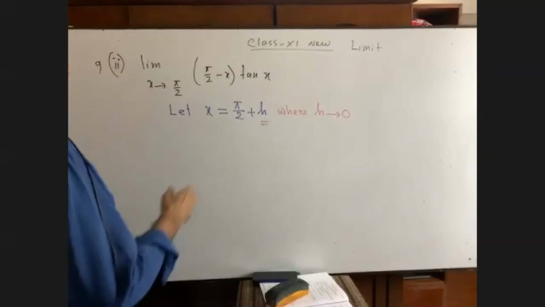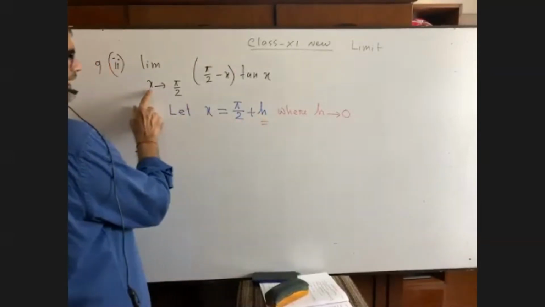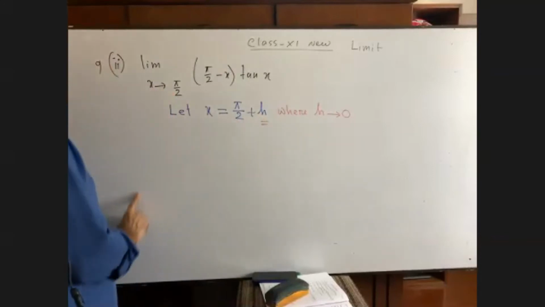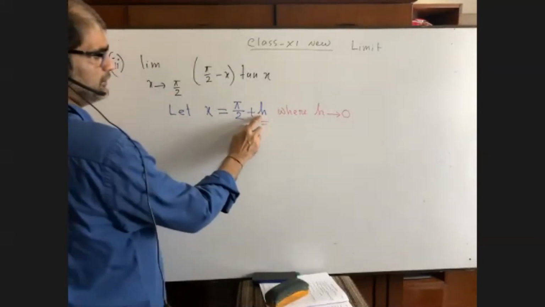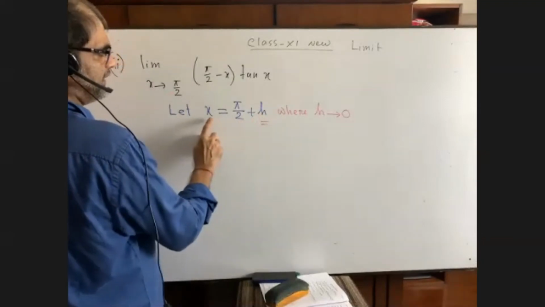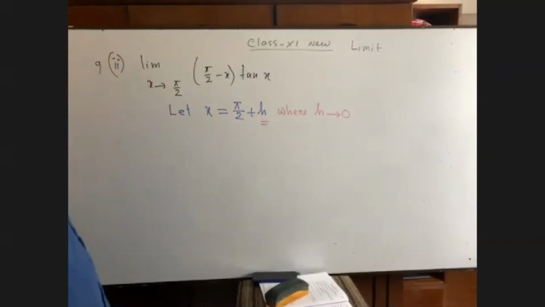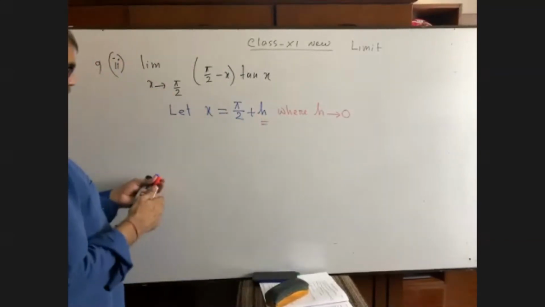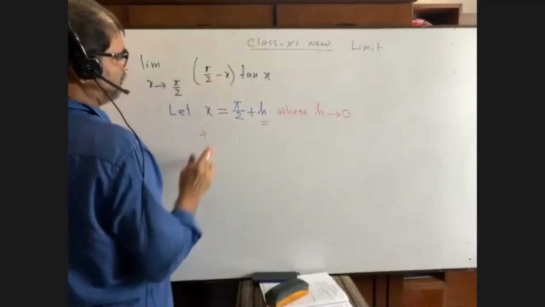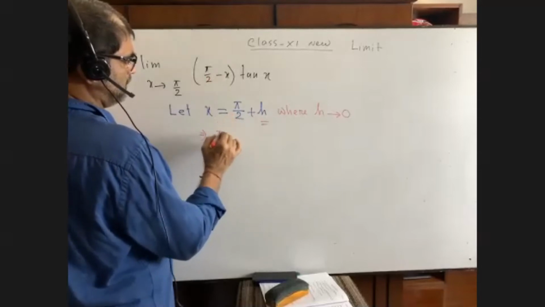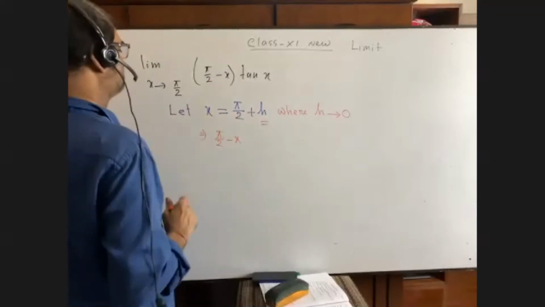That means if h is 0, then x equals pi by 2. So we are getting here x tends to be pi by 2. Suppose this is 0, so are we getting x equals pi by 2? That means x tends to be pi by 2. Now from here we can write that pi by 2 minus x is equal to what?